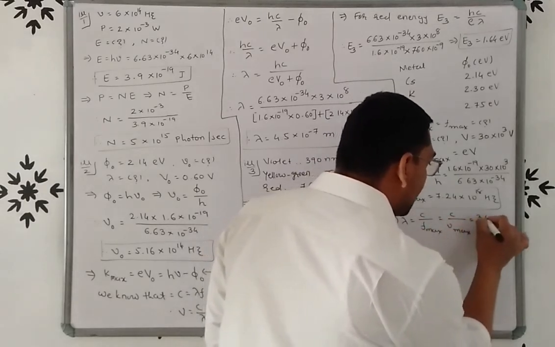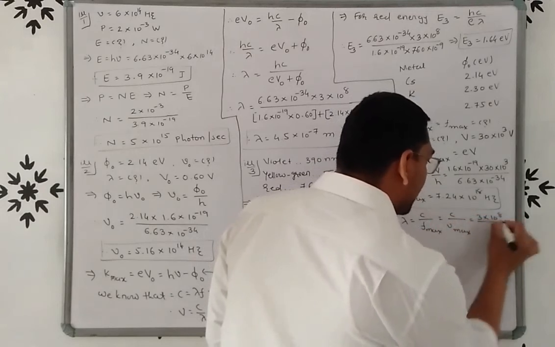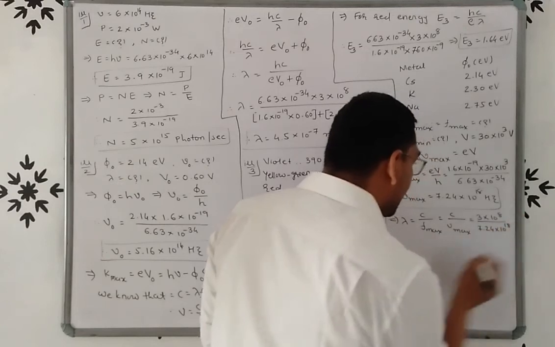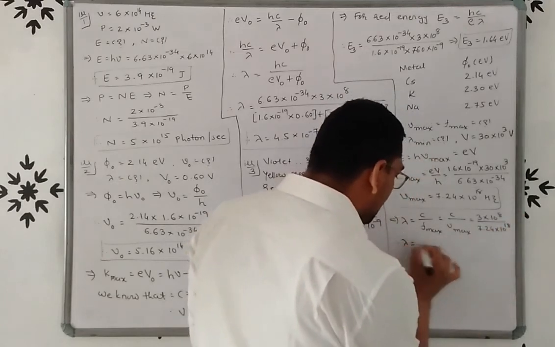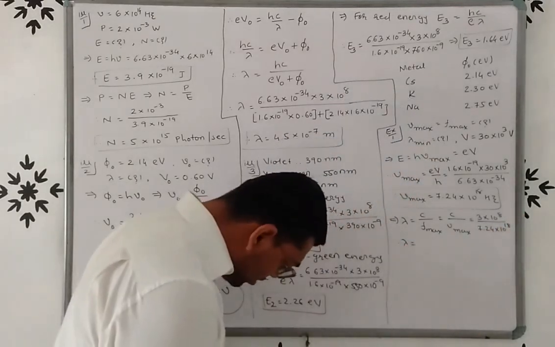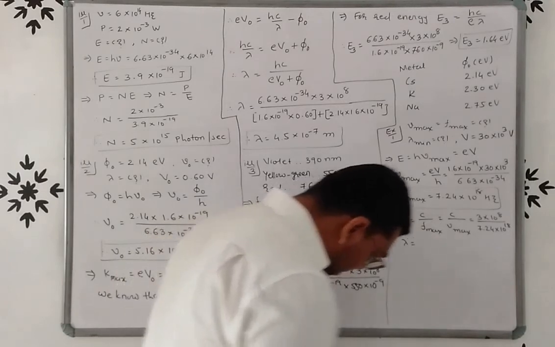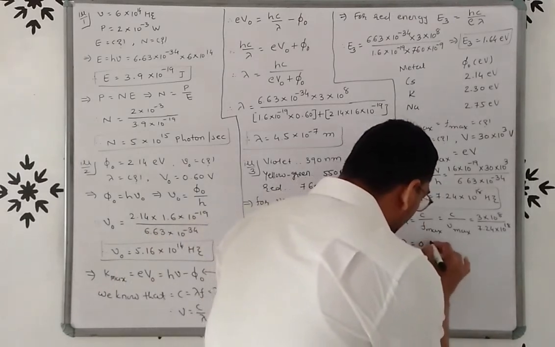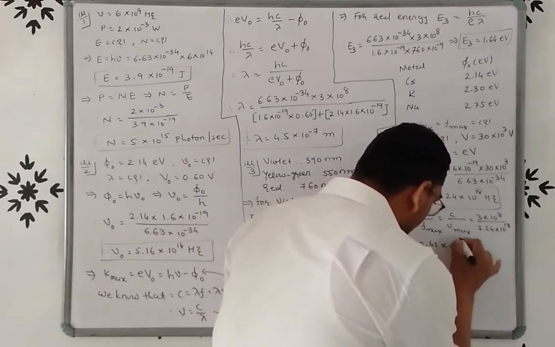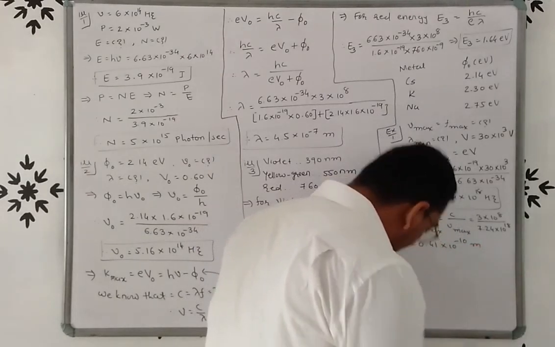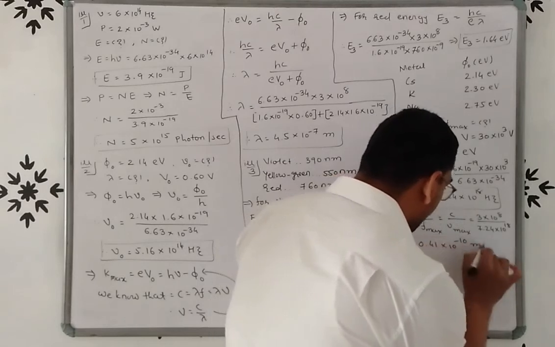So c 3 into 10 raised to 8, maximum frequency 7.24 into 10 raised to 18. So we get lambda that is equals to 0.41 into 10 raised to minus 10 meter.